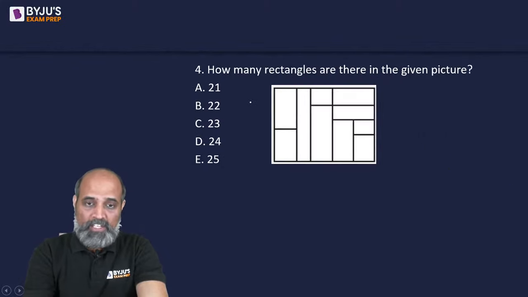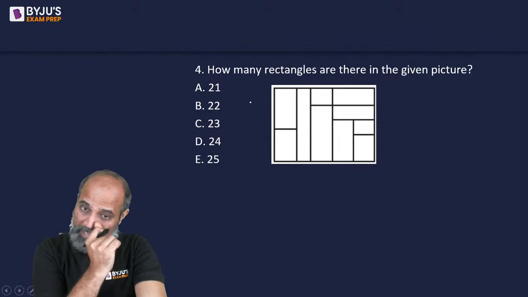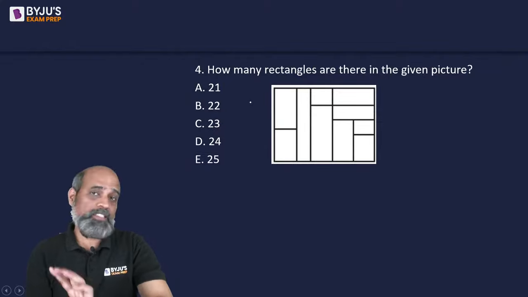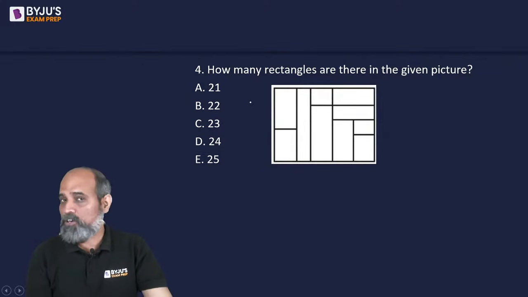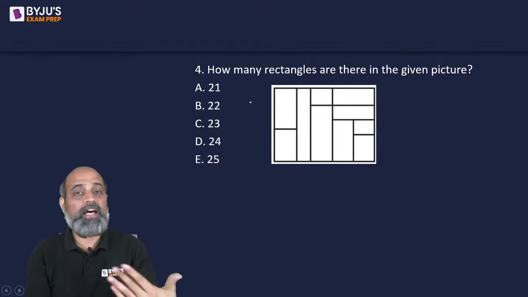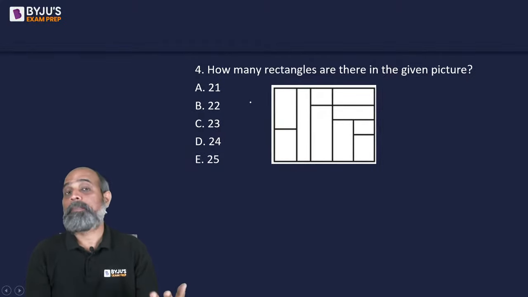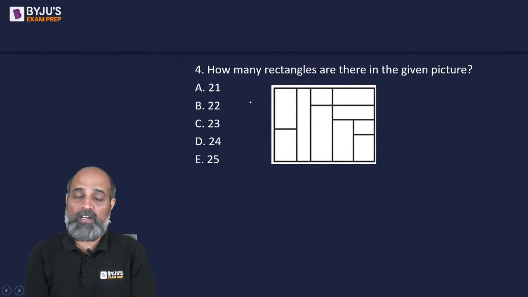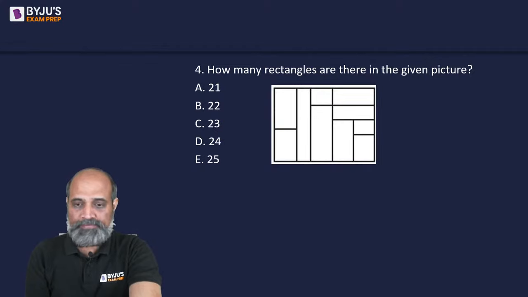Okay? Chalo, next one. How many rectangles are given in the picture? You can see that this figure is not at all symmetrical, or there is no pattern in it. So unfortunately, we will have to calculate patiently, and you can see that the values are way more. Unexpected है, काफी ज़्यादा है.